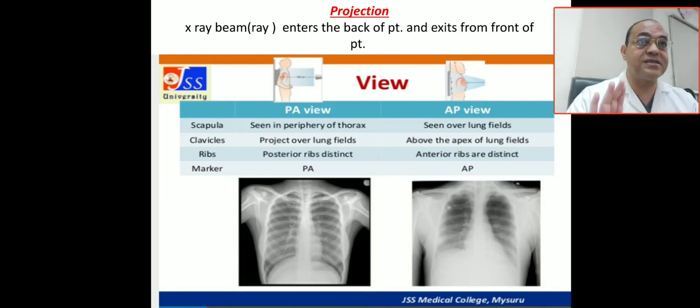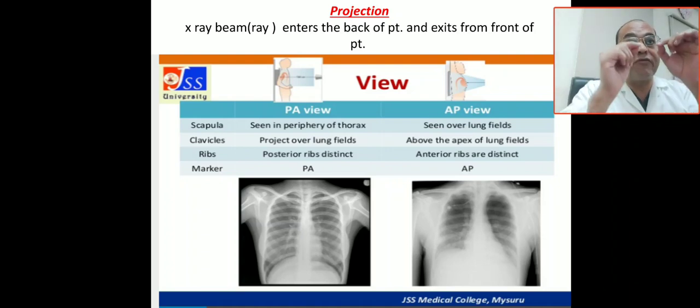You can see the scapula over the lung field. If the clavicles are above the apex of the lung field, this is anteroposterior. But in posteroanterior, the clavicles project over the lung field.